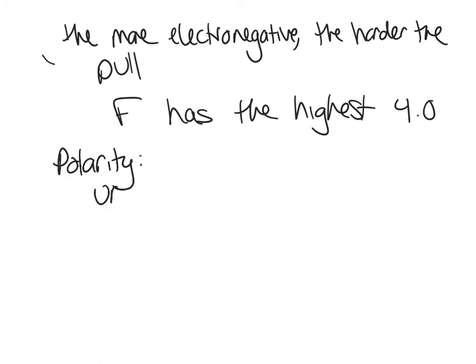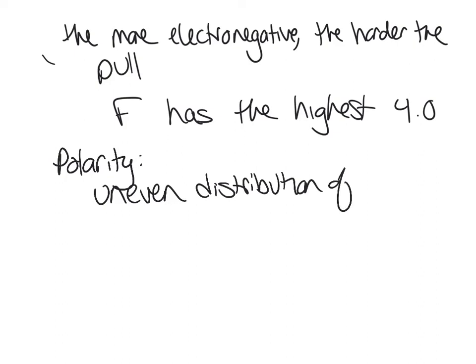Polarity is the uneven distribution of charge. Remember, electrons are negative, so if fluorine has an extra electron for more than half of the time, the fluorine is going to be partially negative.